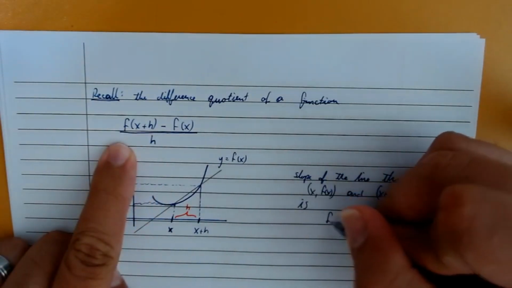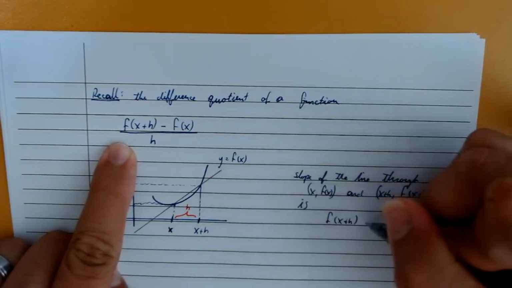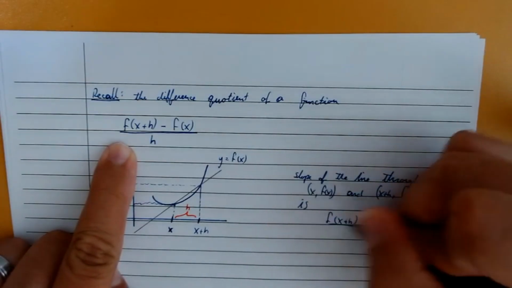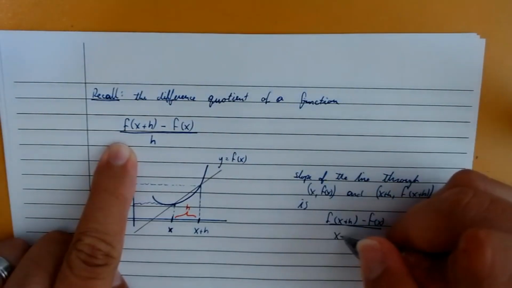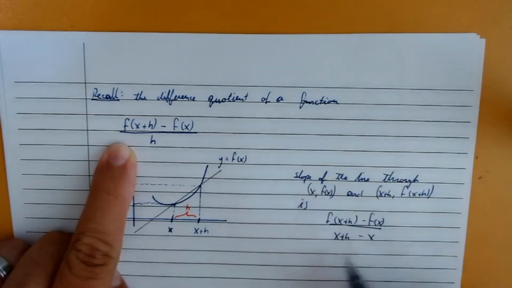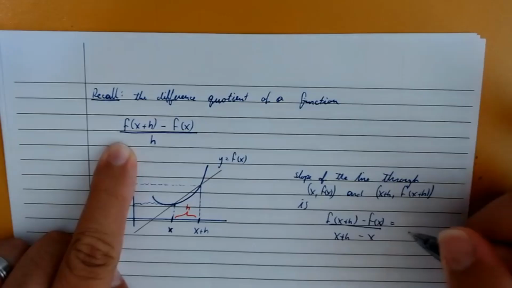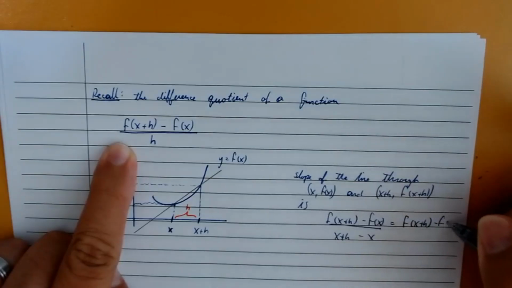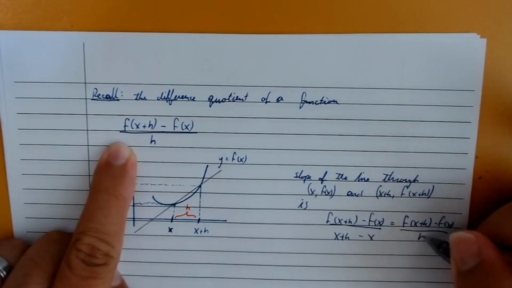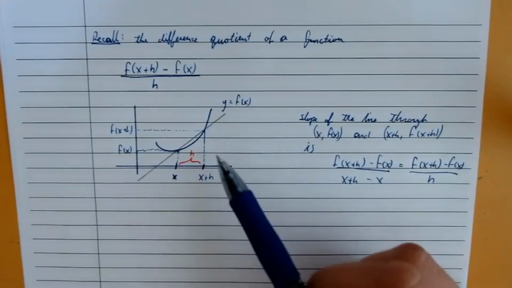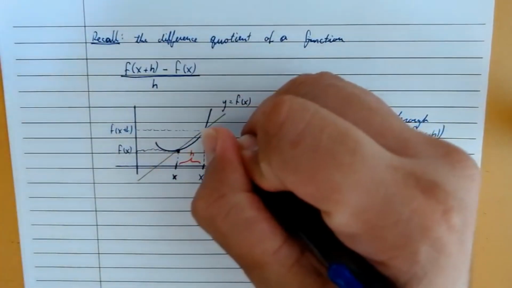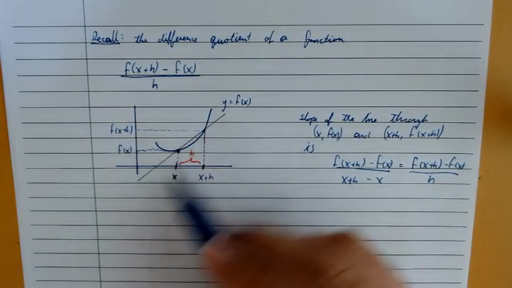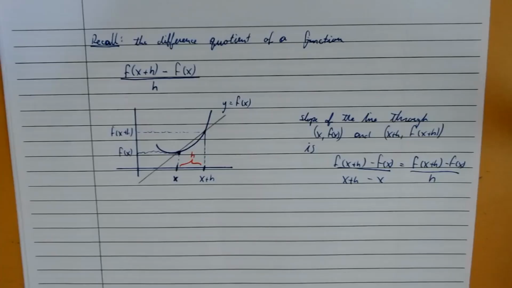It is f of x plus h minus f of x over x plus h minus x. Or here, since these x's subtract away to give you 0, really that's just f of x plus h minus f of x over h. All right, so that's a physical interpretation of the difference quotient. It's the slope of a line which passes through those two points on that function, on that curve.